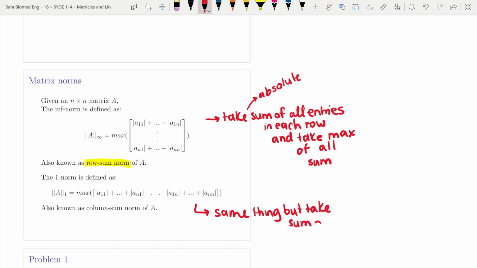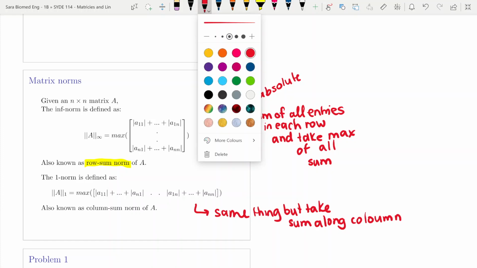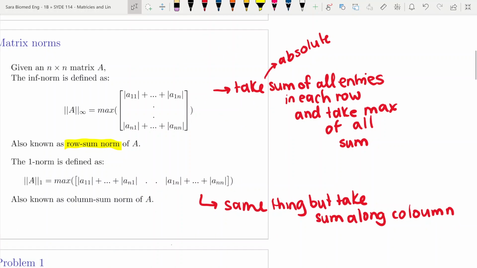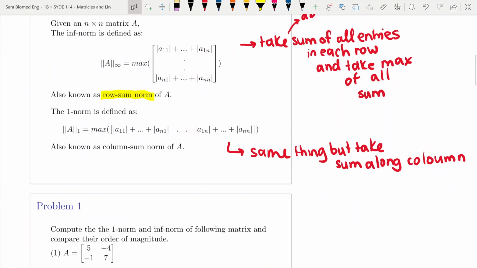So why are we doing this? Because it gives you a rough idea of the size of the matrix. Even though the ways to compute these two norms are different, they probably have the same kind of magnitude. So either of these gives you an idea of the size of the matrix.